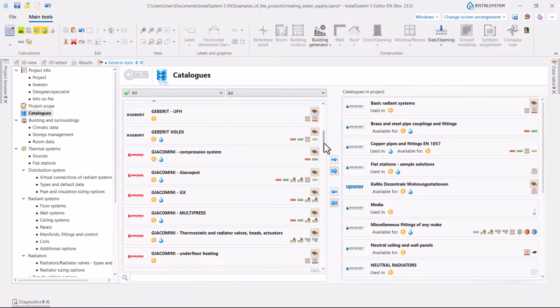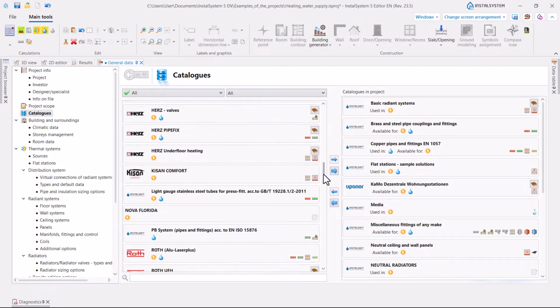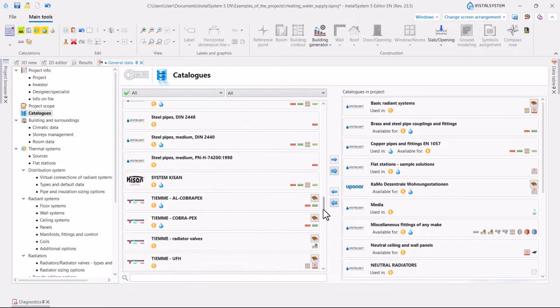InstalSystem 5 provides various databases of systems and products which can be used to design installations.